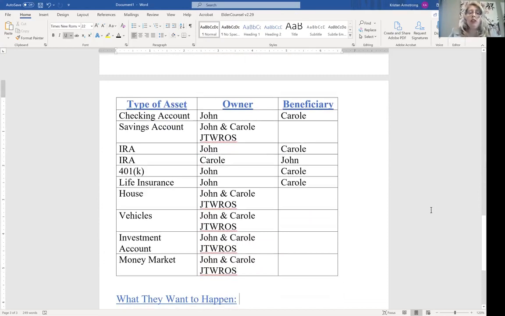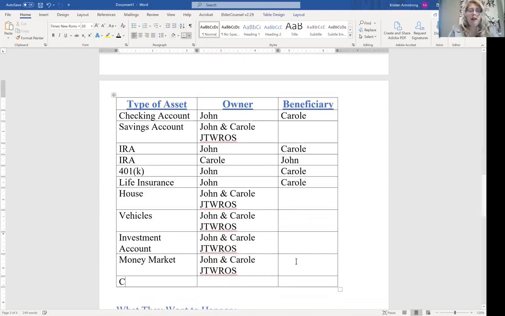John has his own checking account. Let's pretend that Carol has her own as well. So we're going to add her down here as well. Carol needs her own checking account as well. So John has a checking account and he has a beneficiary on there. It's Carol, meaning when John passes away, Carol gets the account.